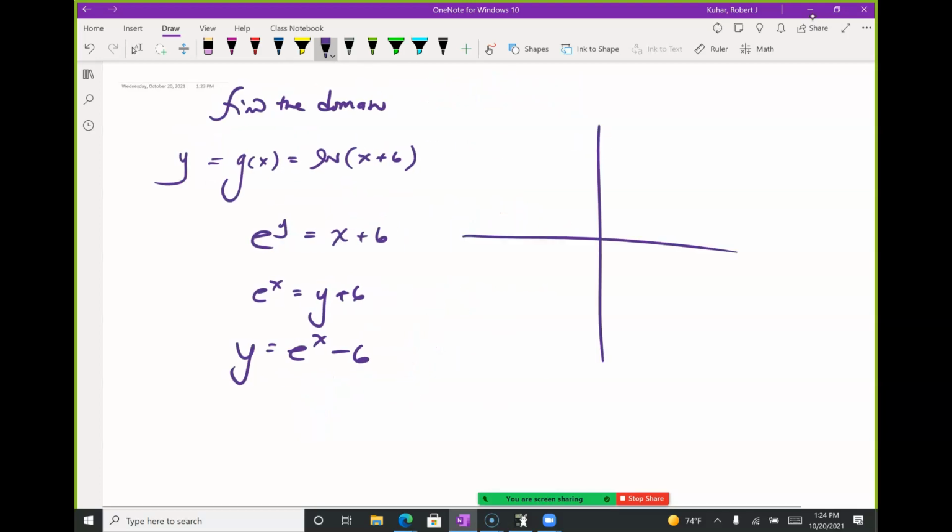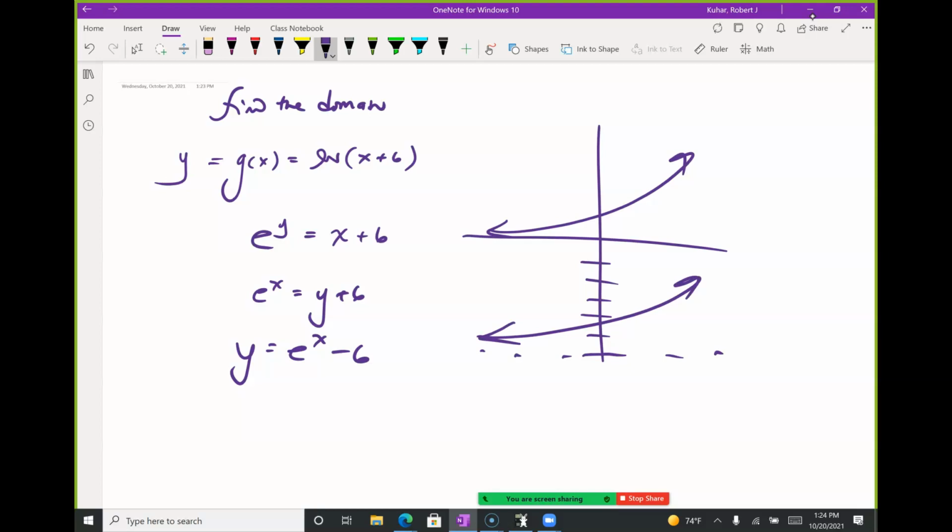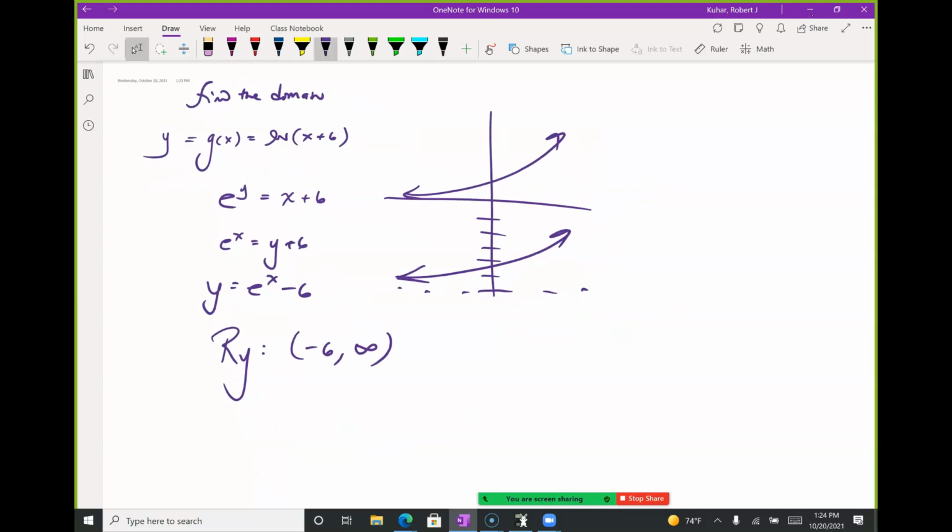So I take my function e to the x and I move it down 6. What's my range? What's the lowest value? Negative 6 to infinity. So guess what? There's my domain.